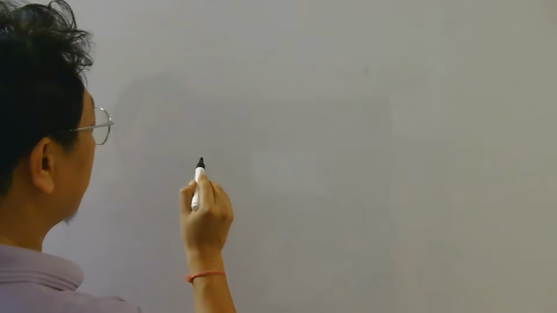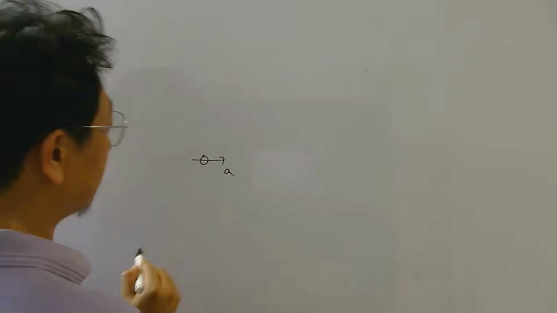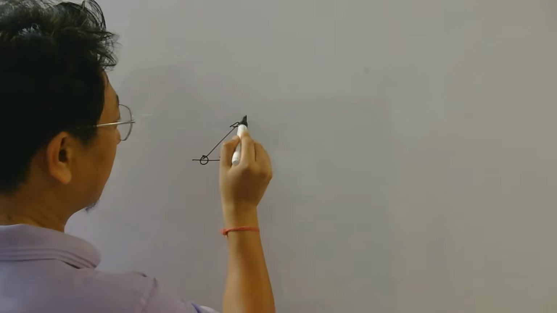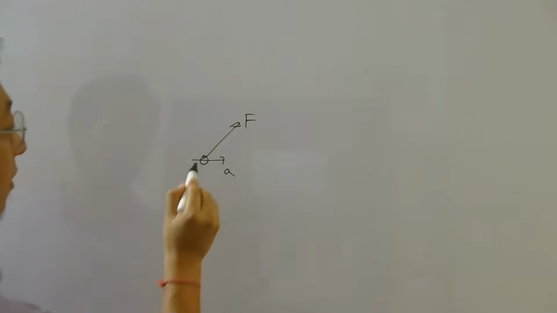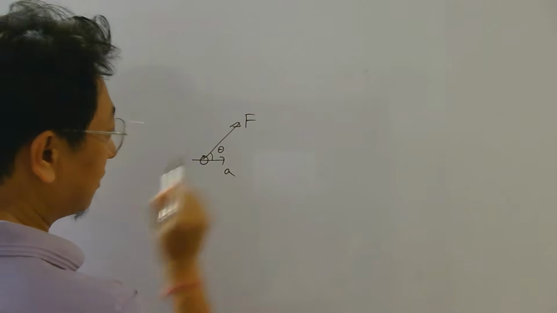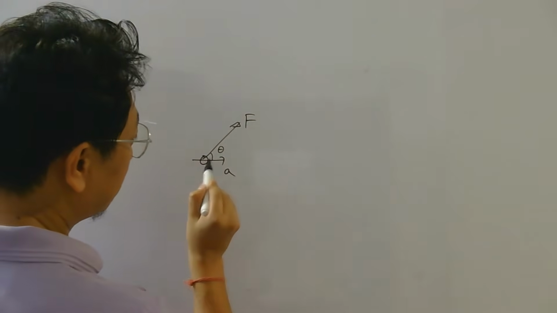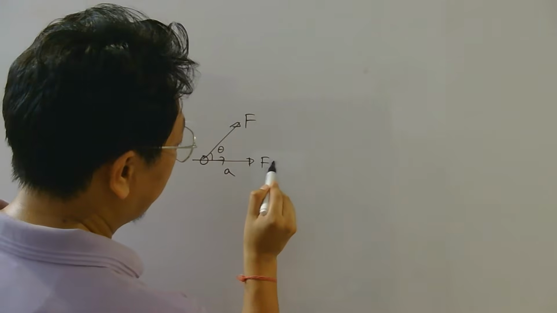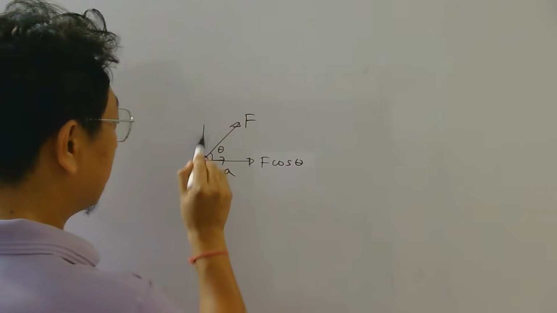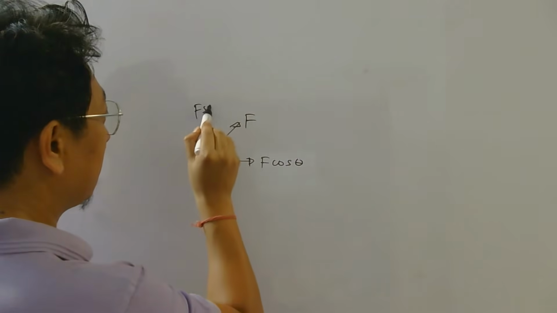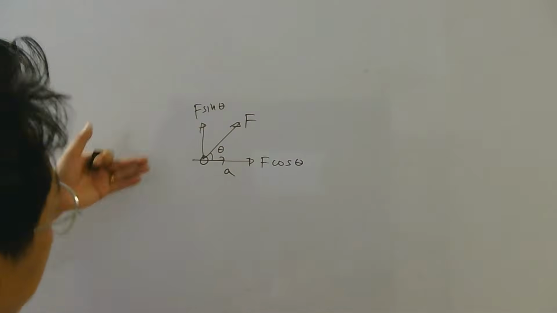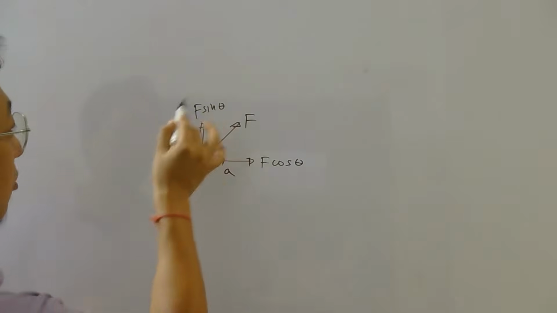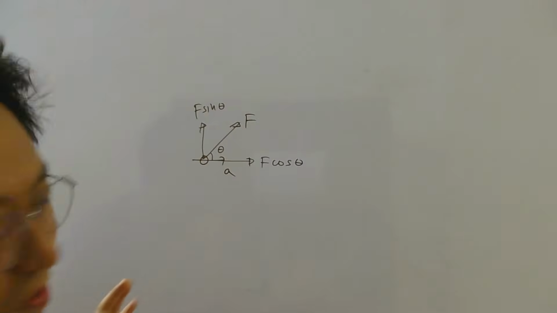Of course, sometimes what happens, body has acceleration a this side, but force may be in this direction. So in that case, what we have to do is take the angle theta here and find the components of this F. One component will be F cos theta. One component here will be F sin theta. So since acceleration is this side, clearly this force will be balanced by some other force. We are not interested right now.